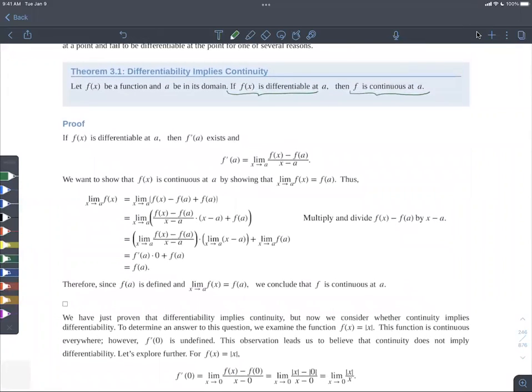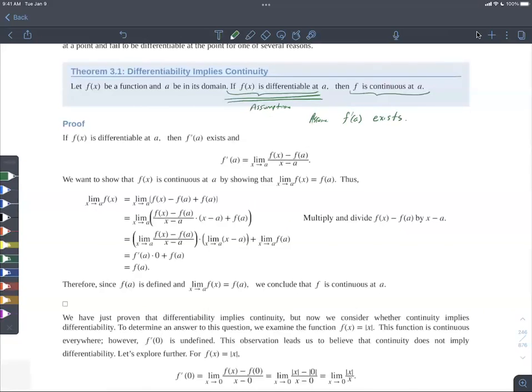And basically, if f of x is differentiable at a, this is the assumption. And under this assumption, we should be able to show that f is continuous at a. So we can assume f prime of a exists.